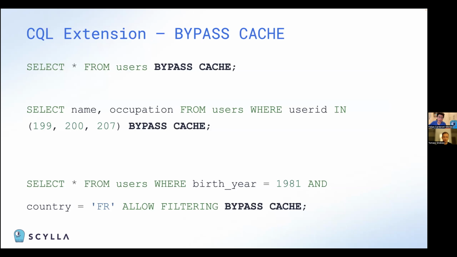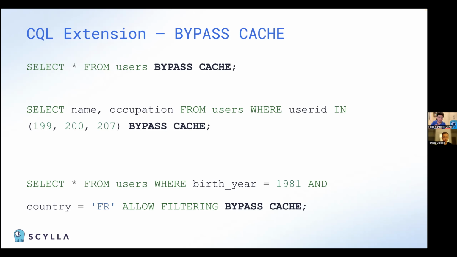All right. So, bypass cache. ScyllaDB is a read-through type of cache, as Tomek explained, which means that by default, every read you perform will be populated to the cache and then served back to the user. However, this may not always be what you want. What do I mean by that? For example, if you are scanning tons of data, or occasionally you have to query data that's unlikely to be read again in the future, those reads may invalidate important items from your existing cache.